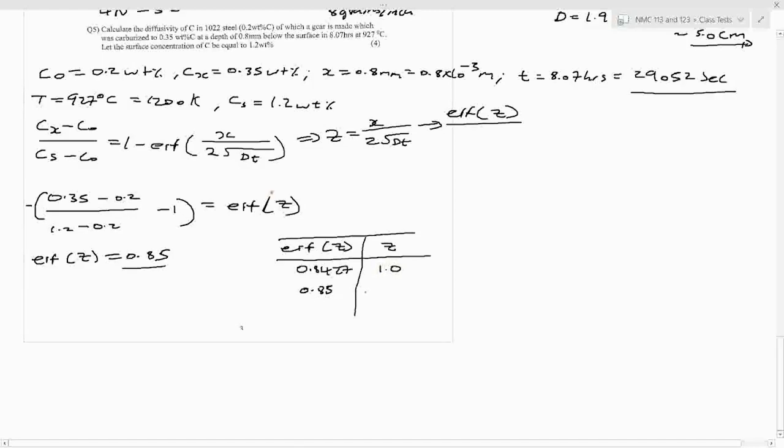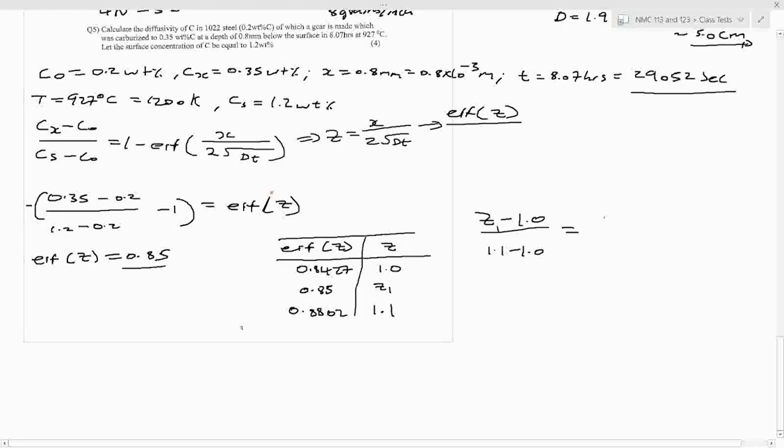The error function value that we got is 0.85, but we don't know the associated z value. The value below that on the error function table is 0.8802. Corresponding value is 1.1. So you do a correlation: what is on the right should be equal to what is on the left-hand side in the same sequence.